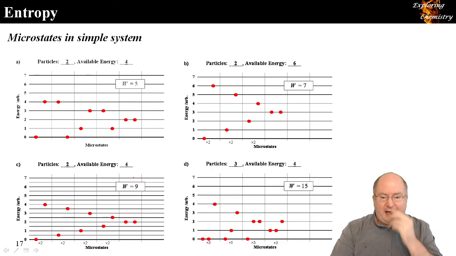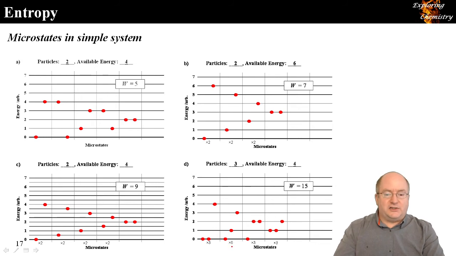And finally, if we have 3 particles with 4 units of energy, we have, again, more ways of distributing the energy. We have 0, 0, 4, 3 ways of doing that, since any one of these can go up. 0, 1, and 3 gives 6 ways in which we can distribute these 3 particles with these energy levels.